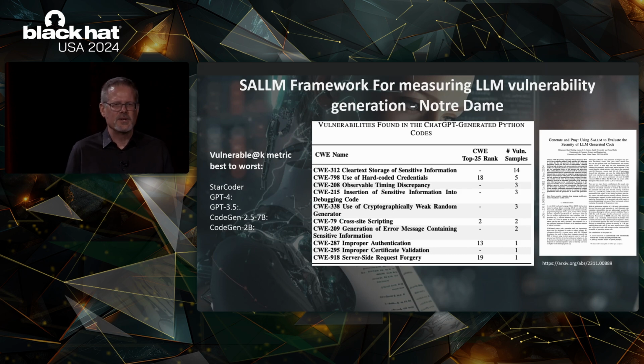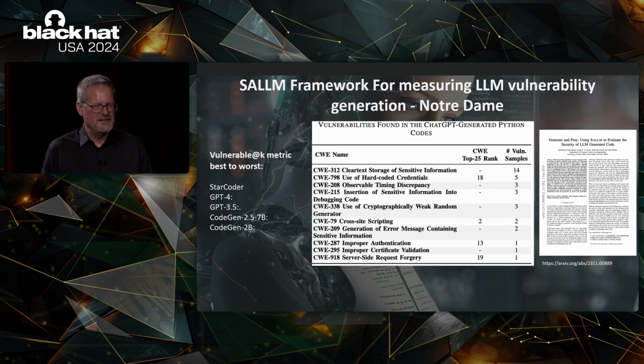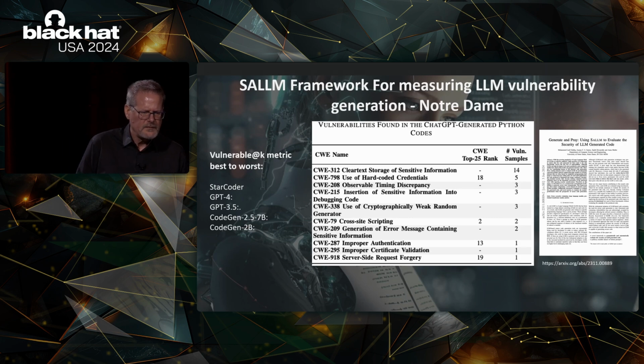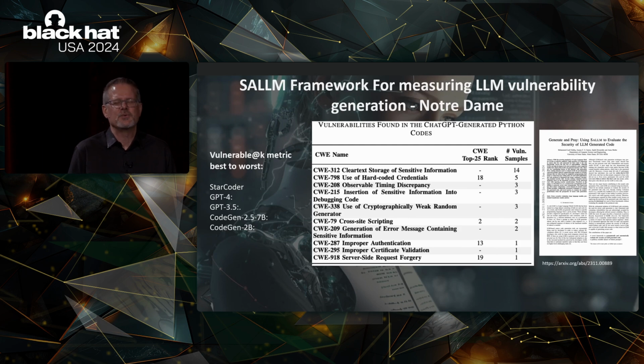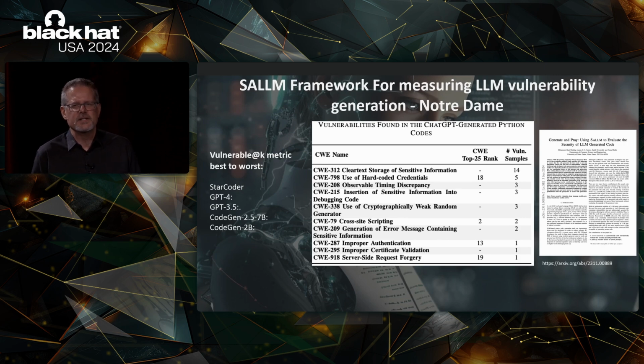Out of 100, 14 of the examples had clear text storage of sensitive information. That's pretty bad. And 4 of them were in the CWE top 25. So 4 of the categories of flaws that were generated by ChatGPT were actually pretty serious flaws.